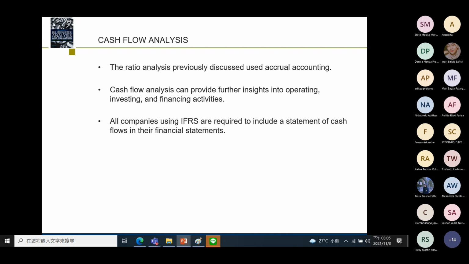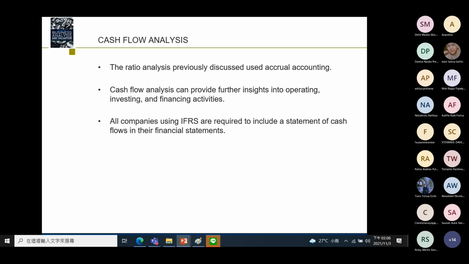In the direct cash flow format, which is used by only a small number of firms in practice, operating cash receipts and disbursements are reported directly.